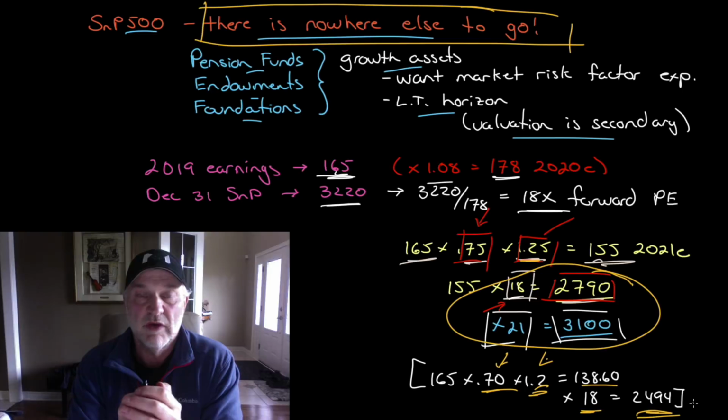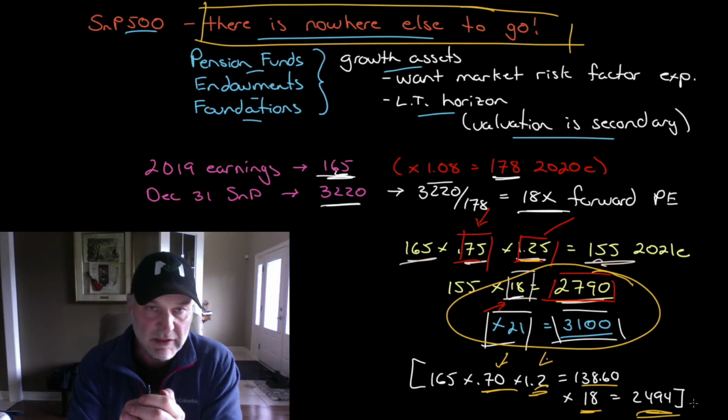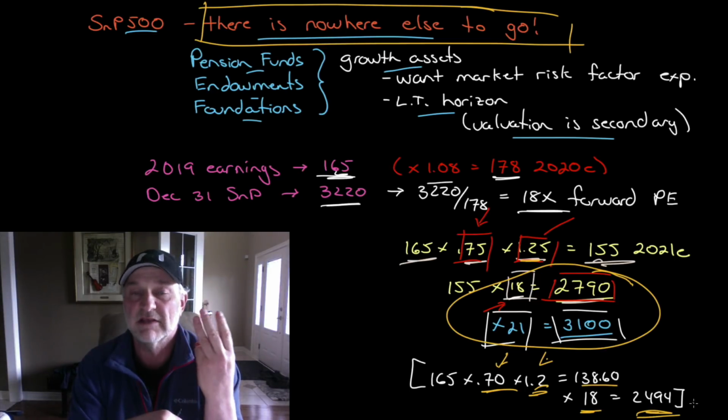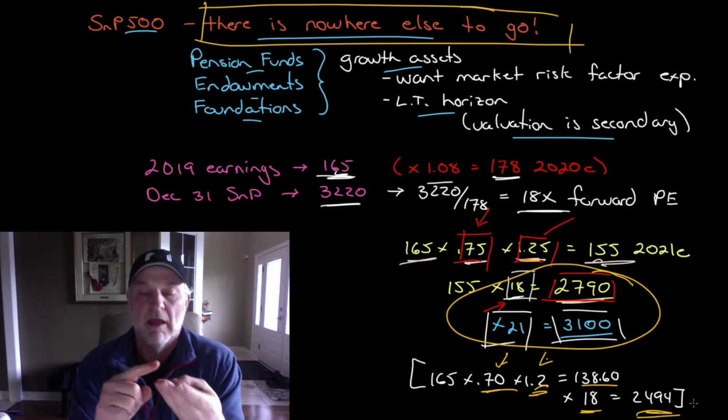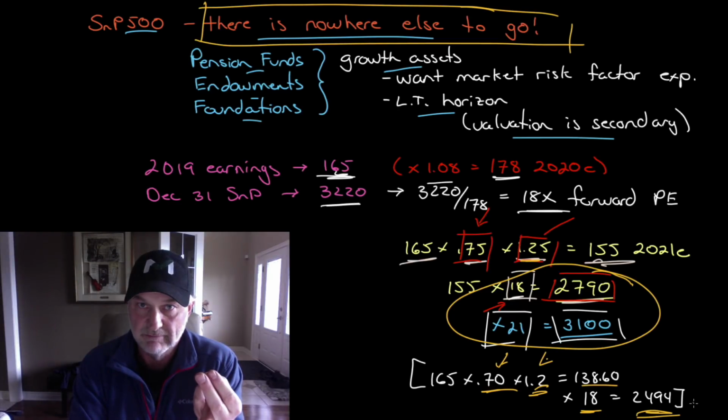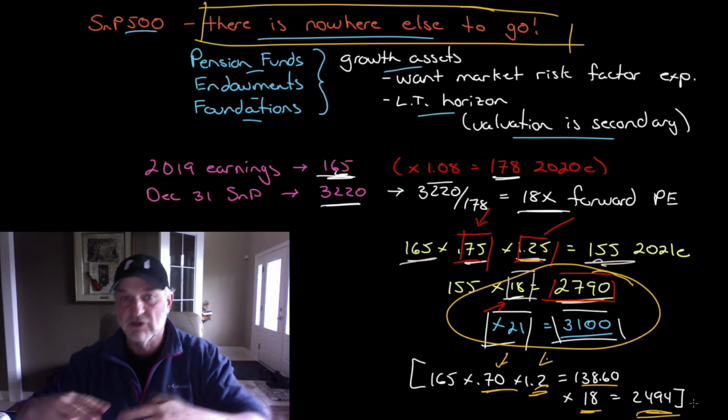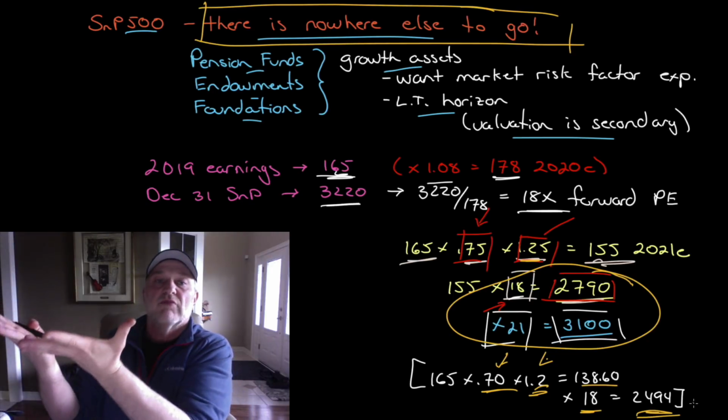The U.S. central bank is the only central bank that I know of that has a triple mandate: price stability, full employment, and keep asset prices inflated. When asset prices start to drop, they step in to bring those asset prices back up.